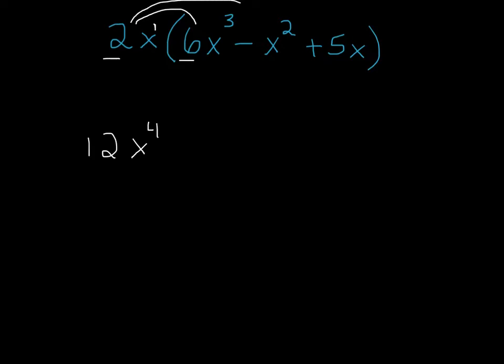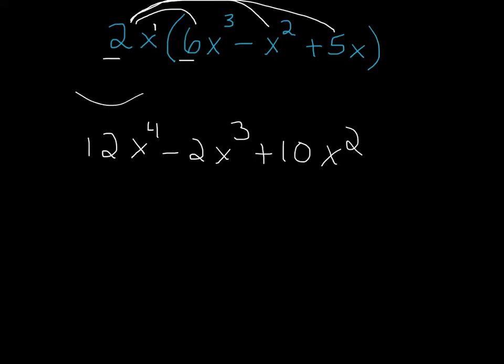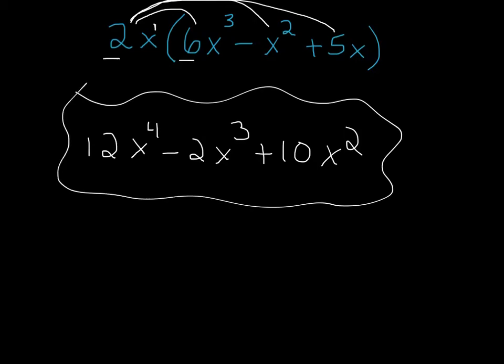And then 2x times -x squared is -2x to the 3rd. And then 2x times 5x is 10x squared. And that's it.